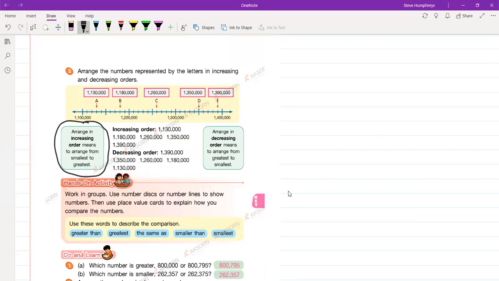Okay, so here we are. Here we have the number. The smallest number is 1,130,000. In increasing order, the next number is 1,180,000. The next number, 1,260,000.